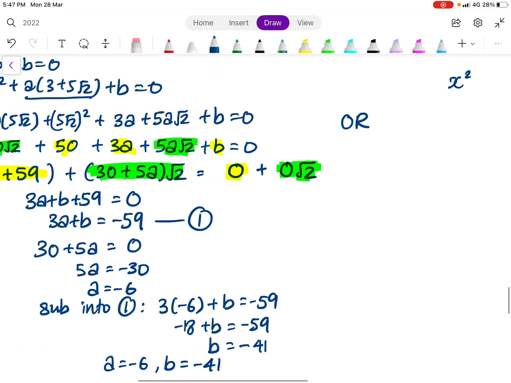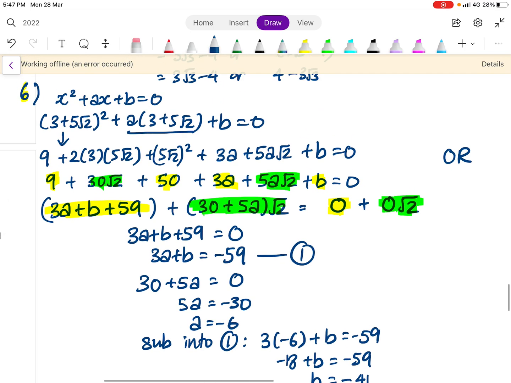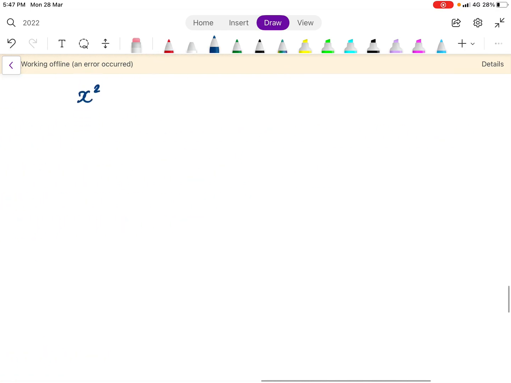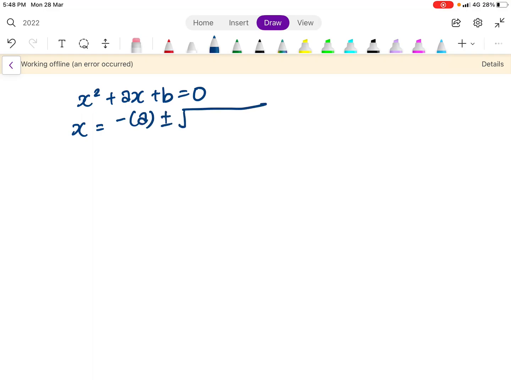So again, x squared plus ax plus b equals 0. You may prefer this method, quadratic formula. x equals negative b plus or minus square root b squared minus 4ac.